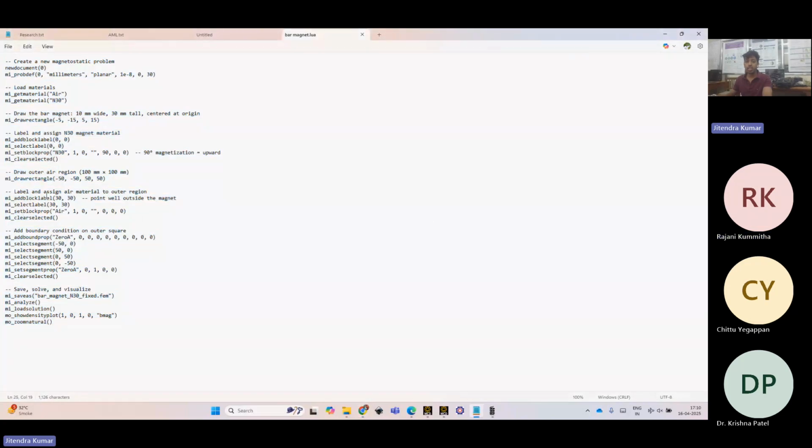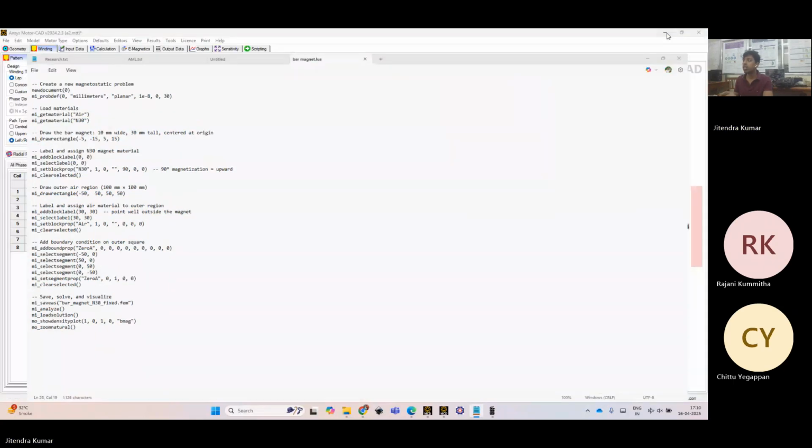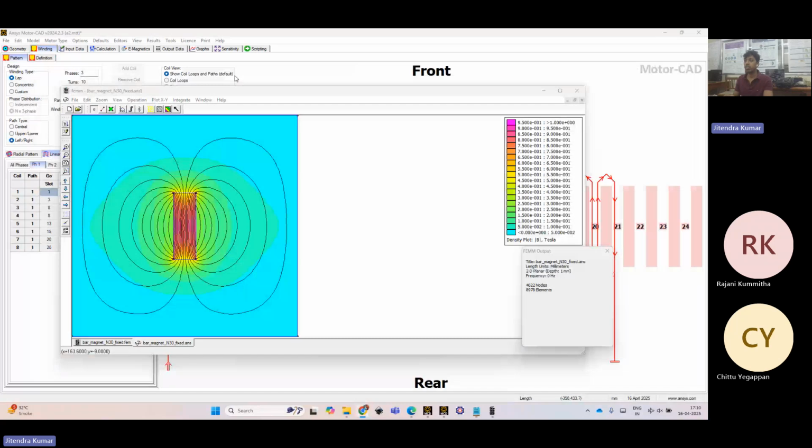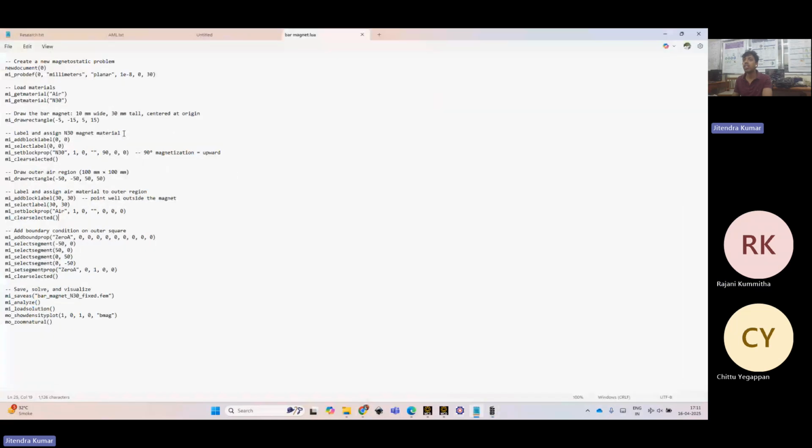This is the notepad file I shared, which is actually a Lua script, .lua, you could see. And we simulated this FEMM file with a bar magnet, right? And we explained all these codes here.